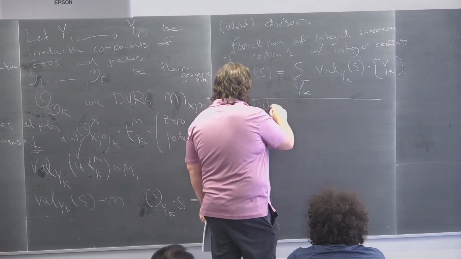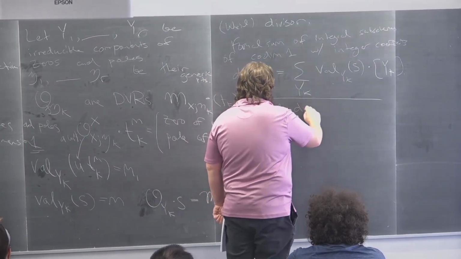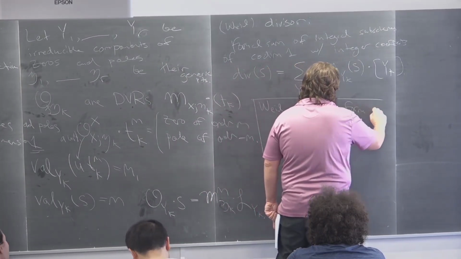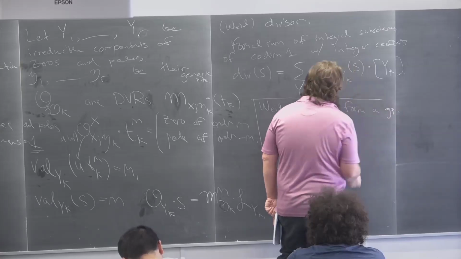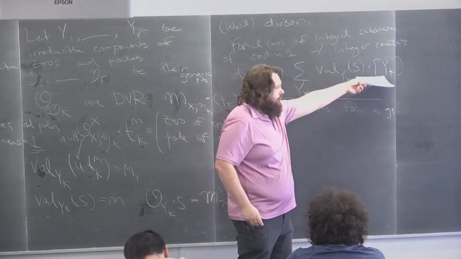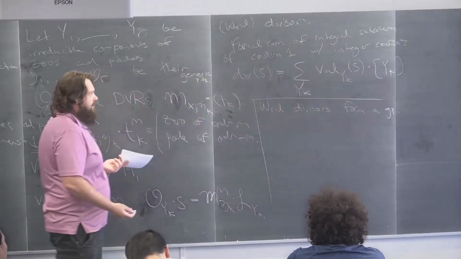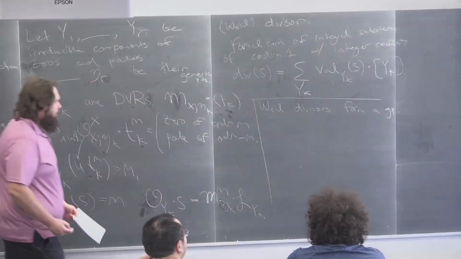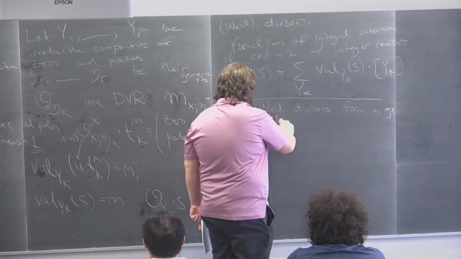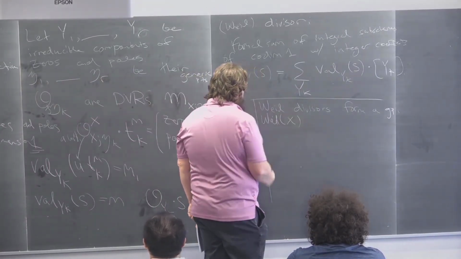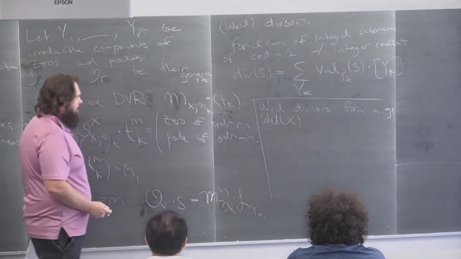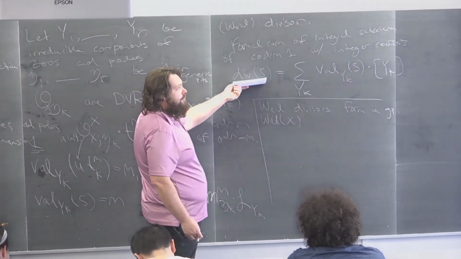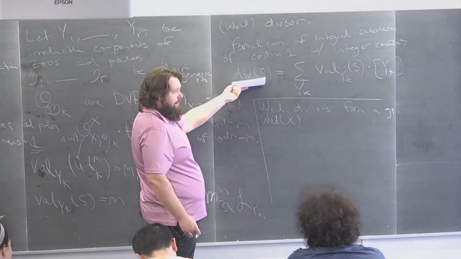So the divisors form a group. It's just the free abelian group generated by these formal symbols for integral subschemes. We'll call this Div of X. The divisors of this form a subgroup.